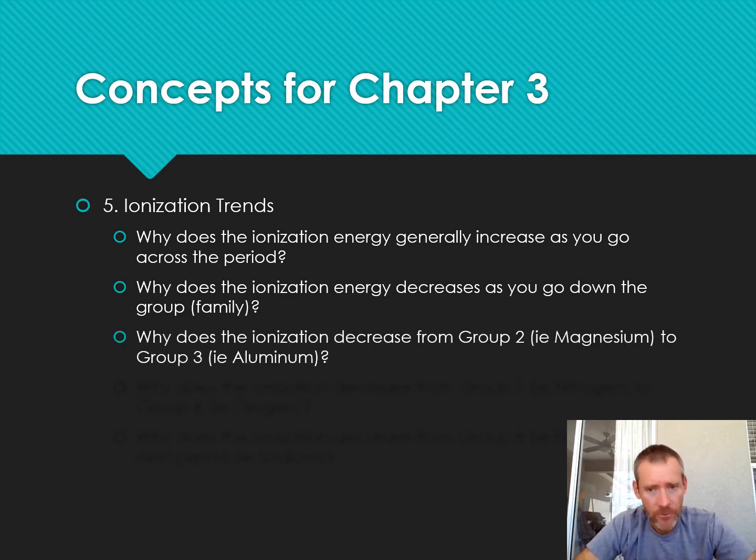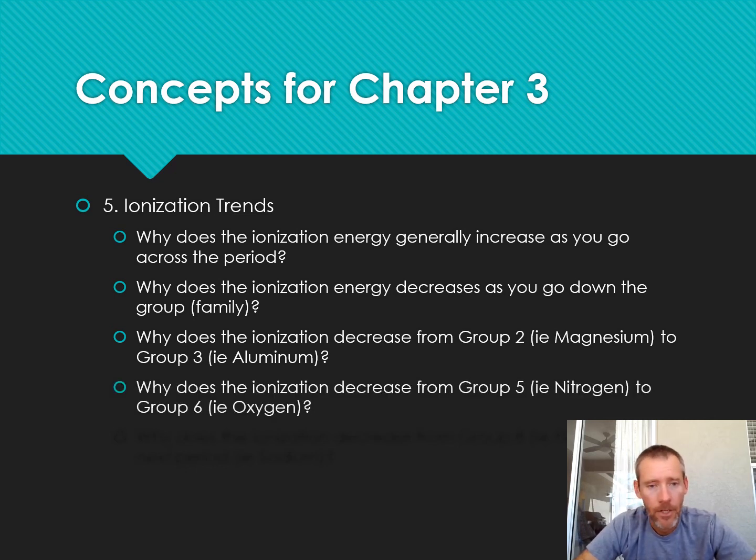The dip between group 2 and group 3 again deals with the distance and shielding. The p orbital is further away from the nucleus, causing more shielding. The dip between group 5 and 6, the nitrogen and oxygen groups, is repulsion. When you look at the box orbitals, oxygen has a pair of electrons that are repelling each other, so it's easy to remove.